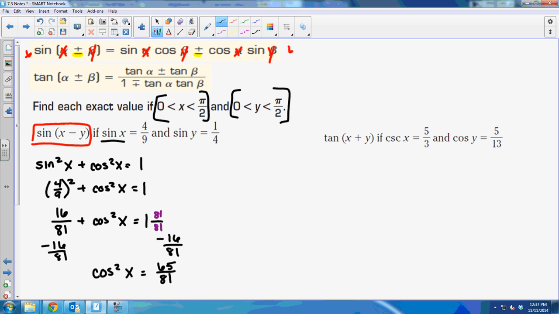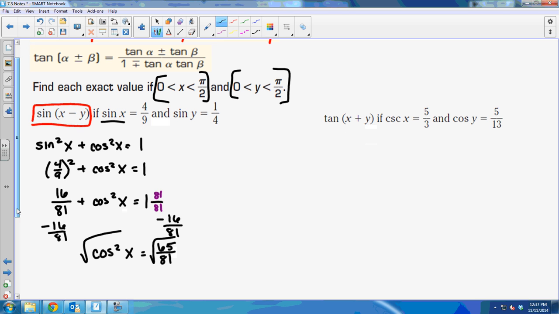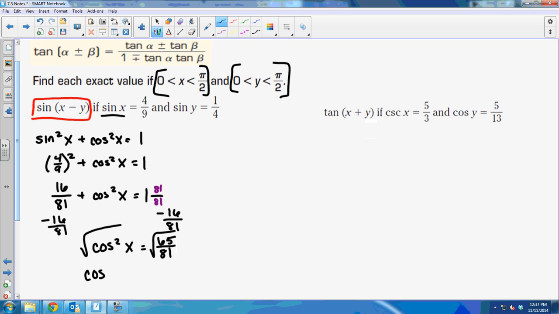This is something we didn't learn in target 2, so this is not new. So we take the square root. So cosine x is the square root of 65 over 9. And we're going to leave it that way. We can't do anything else.